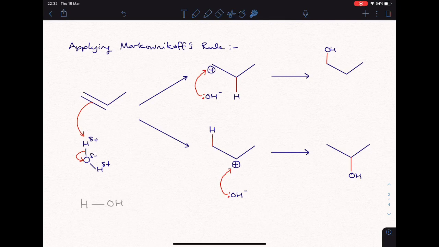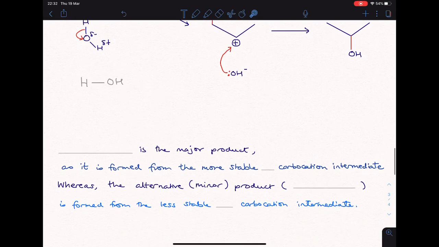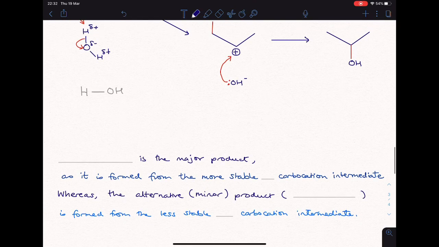So the wording would be as follows. So the major product, which was propan-2-ol, okay, so propan-2-ol is the major product as it is formed from the more stable, and this was a secondary carbocation intermediate.